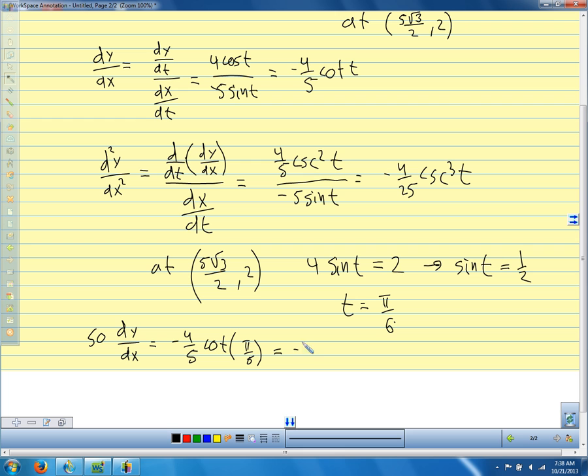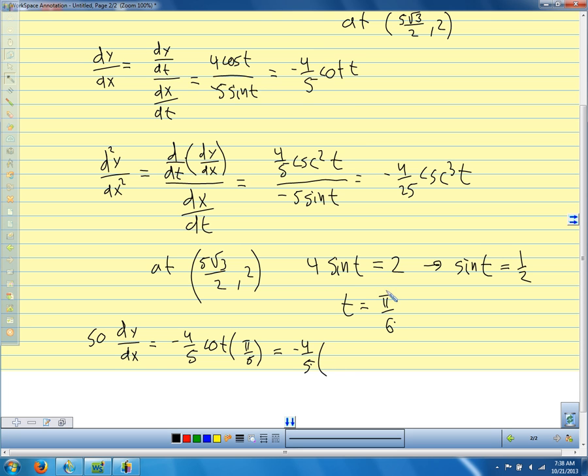What's the cotangent, or how can we find it, of pi over 6?